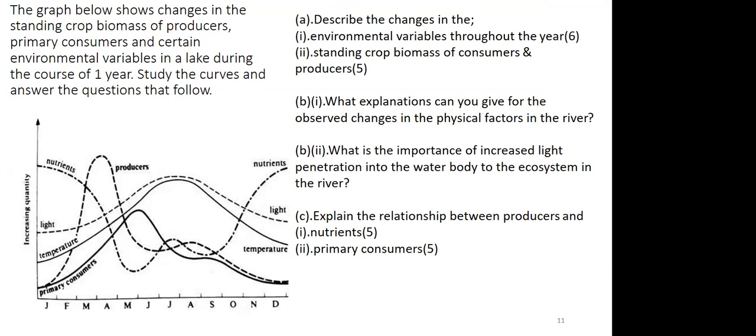Then from the mid of January to the mid of March, the standing crop biomass of producers increases rapidly to a peak. Then from the mid of March to May, the standing crop biomass of producers decreases rapidly.